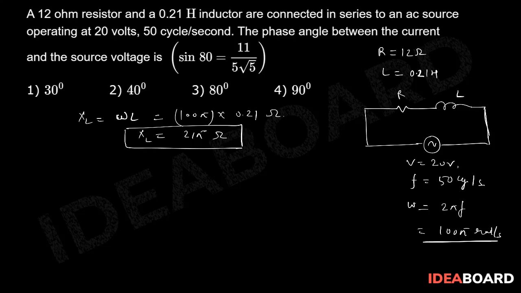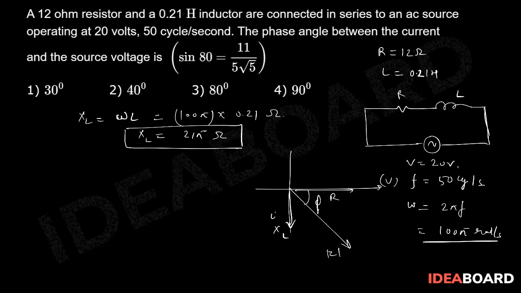Now we know the phase angle. Suppose that this is resistance, so resistance will obviously be in the same phase as voltage, and because there is an inductor, current will lag behind, so this will be current and this will give you XL. Because this is R and XL, the net will be in this direction, which is the impedance, and this angle is phi.